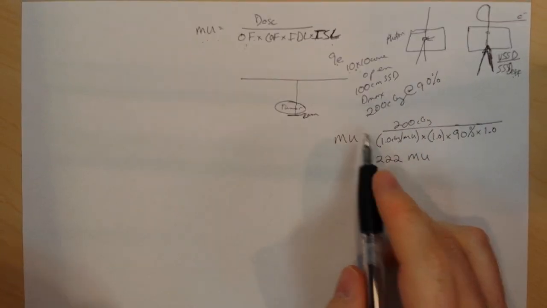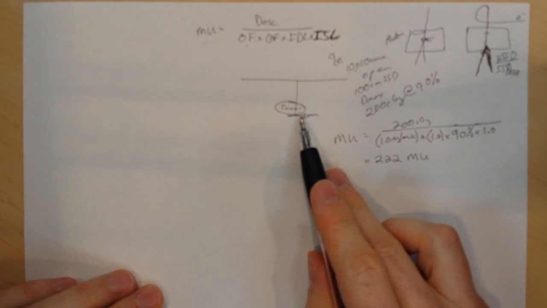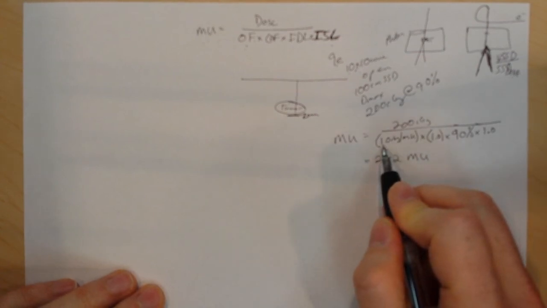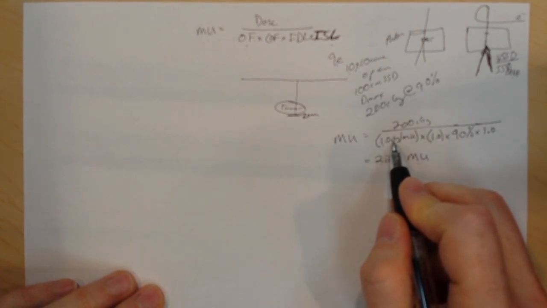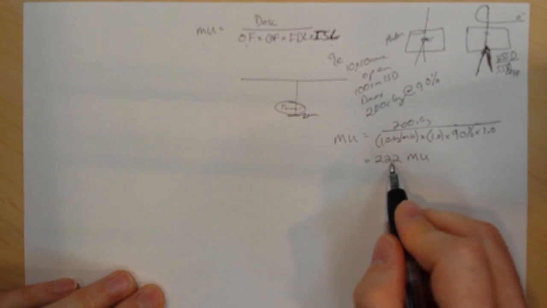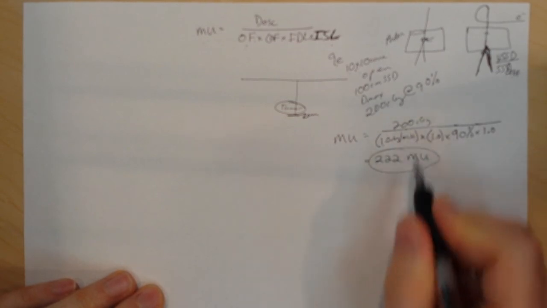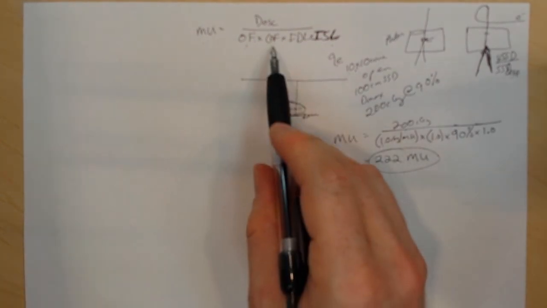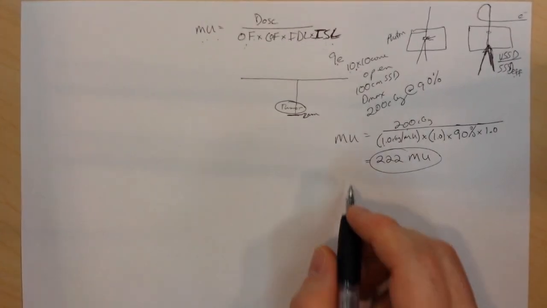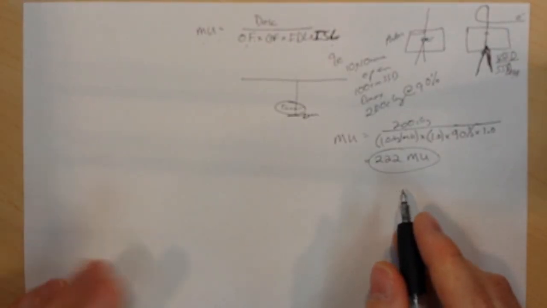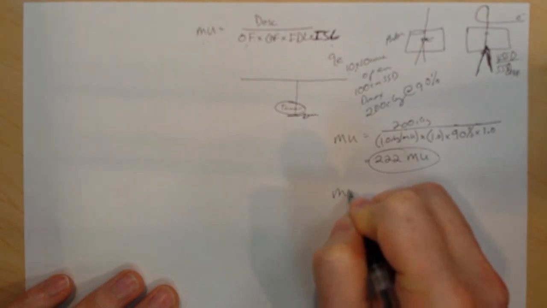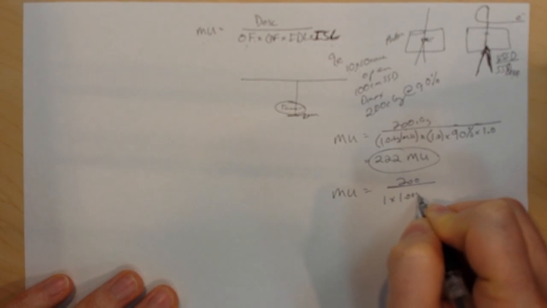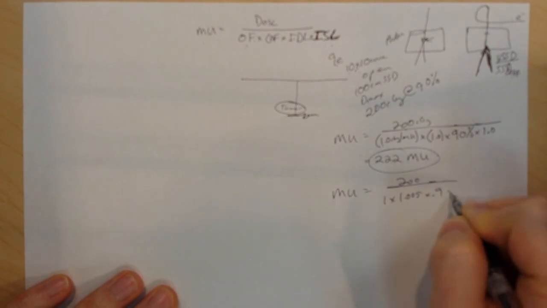This is fairly standard. Some places are fairly particular. If you go to one, they want everything written out exactly, and maybe the output factor is 1.01, it's 1% higher, or 1.02. It's not going to make a huge difference in this number. 222 for 200 centigray is a pretty standard number at 90%. Even if you use a different cutout, let's say the cutout factor gives you 1.005, my MU is going to be 200 divided by 1 times 1.005 times 0.9 times 1.